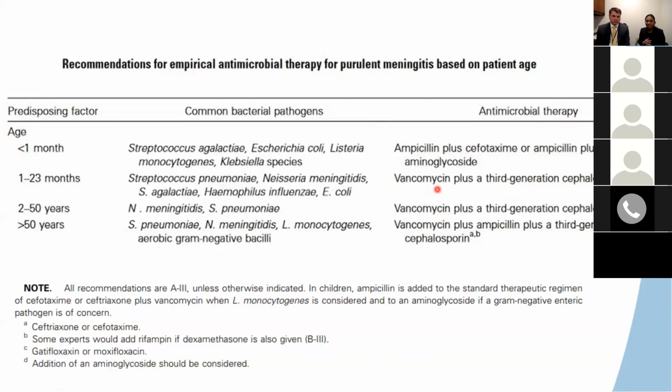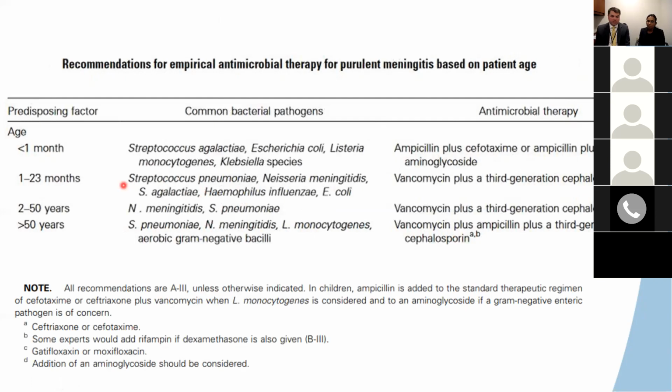A lot of times when we're teaching students, they say it's for MRSA. But it's not for MRSA, because as you can see in the pathogens, MRSA doesn't play a role. The reason for Vanco with ceftriaxone is because a lot of strep pneumo are becoming resistant to ceftriaxone. So we're trying to double cover the strep pneumo species. That's why we do Vanco and ceftriaxone.